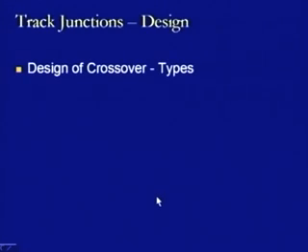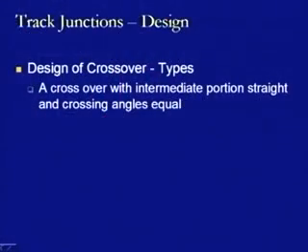Now, we come to the design part of the track junctions. In the design part, as defined previously, we will be looking at 2 designs: the design of crossover and the design of diamond crossing. Within the design of crossover, there are 3 types of designs. First, a crossover with the intermediate portion straight and crossing angles equal.